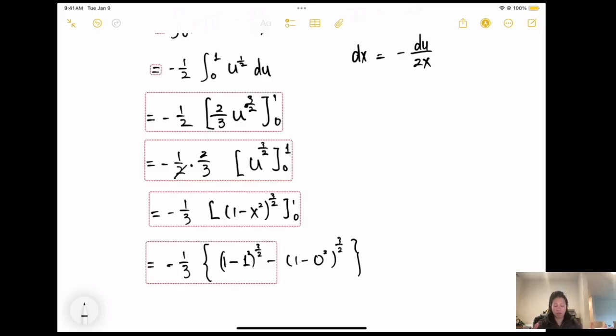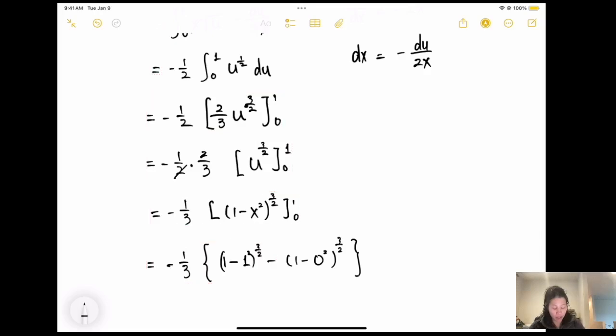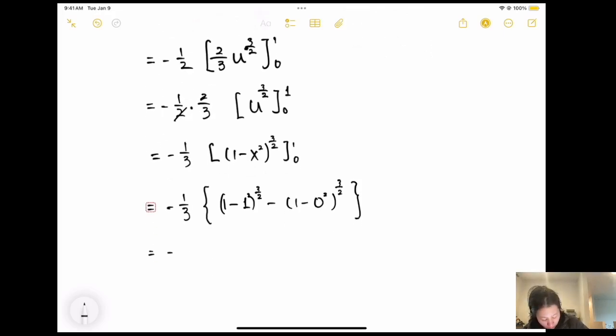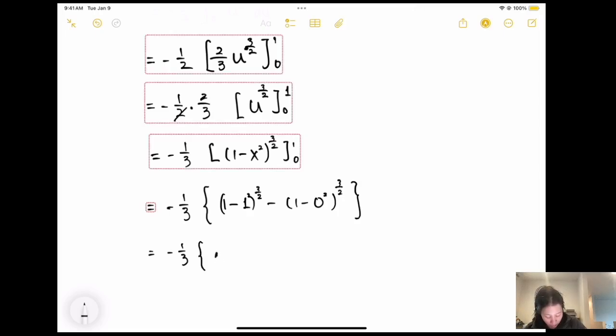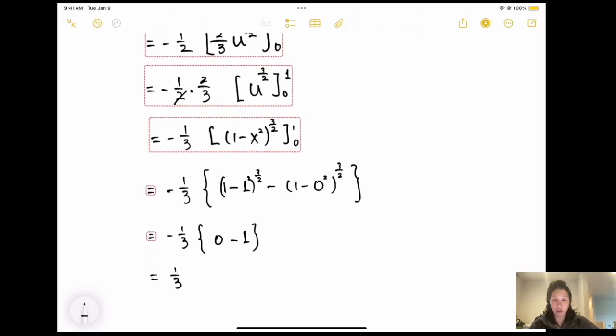As you can see, sometimes I use brackets, sometimes I just use parentheses, so I know that they're in a different layer, so it's easier for me to calculate later: I need to do the parentheses first and then the brackets. So I have negative 1/3 times the bracket, which is 0 minus (1 minus 0 is 1, to the 3/2 power). If your base is 1, to any exponent, you're going to get 1. So I'll simplify it, you will get 1/3. That would be the final answer for number 12.